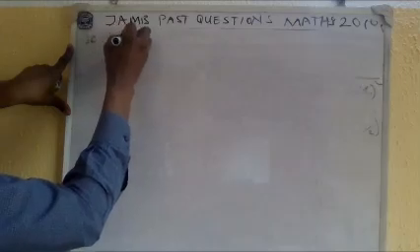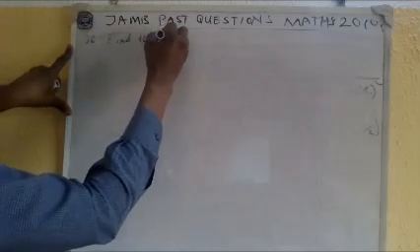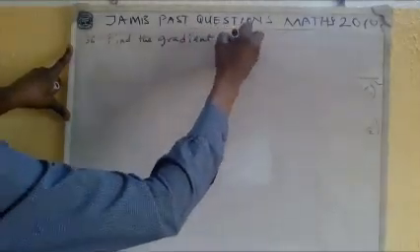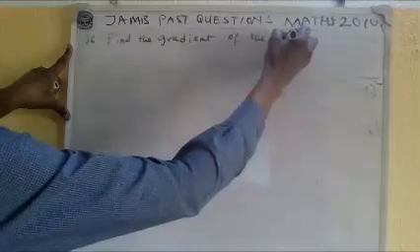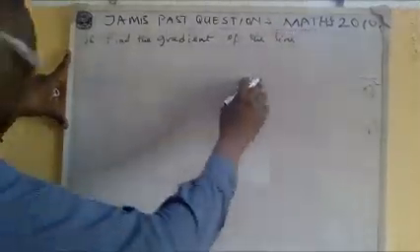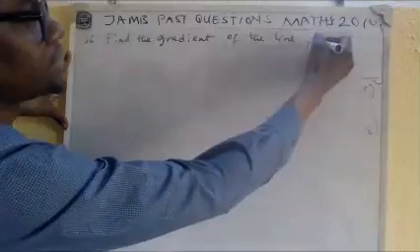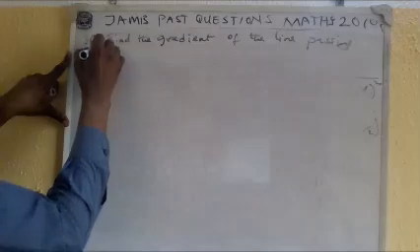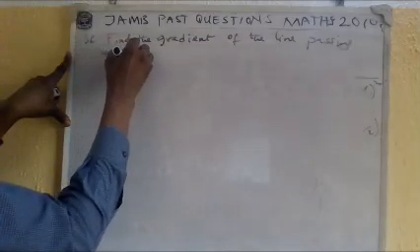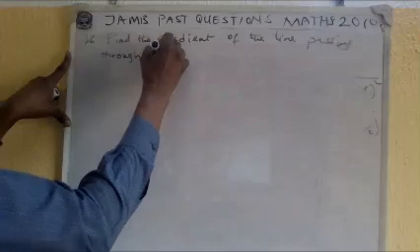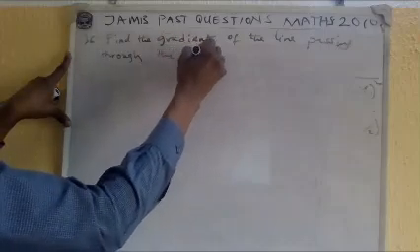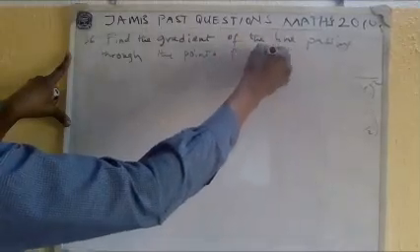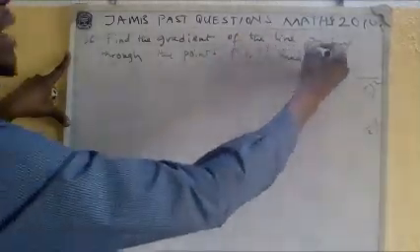Find the gradients of the line passing through the points P and Q.